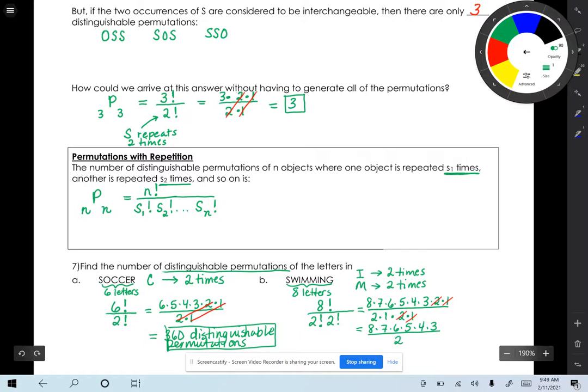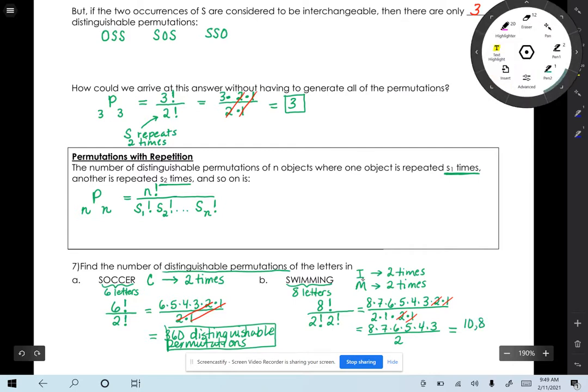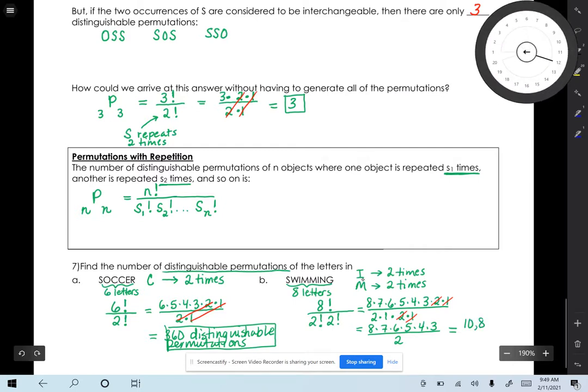And then you could also say, hey, 8 divided by 2 is 4, or just multiply it all out, and you are going to get 10,080 distinguishable permutations.